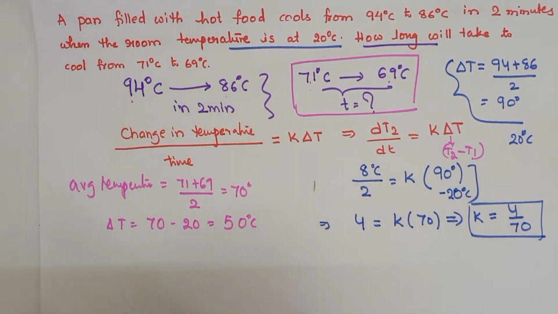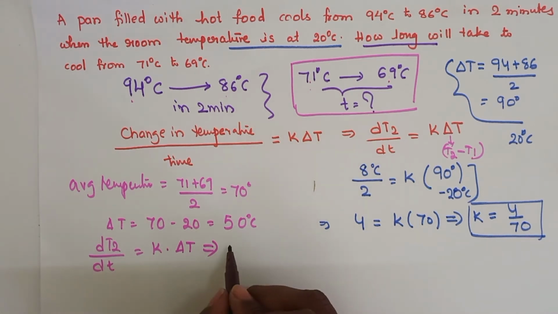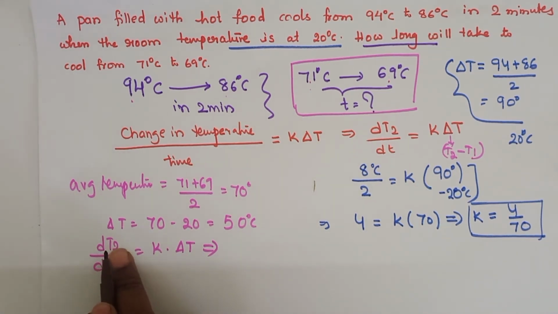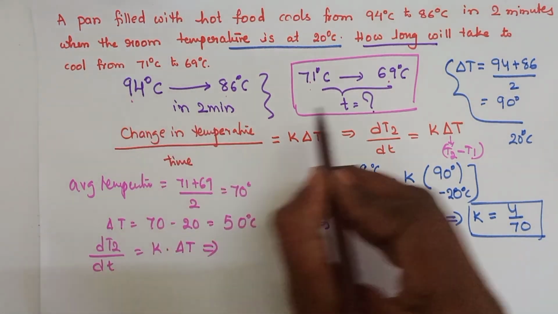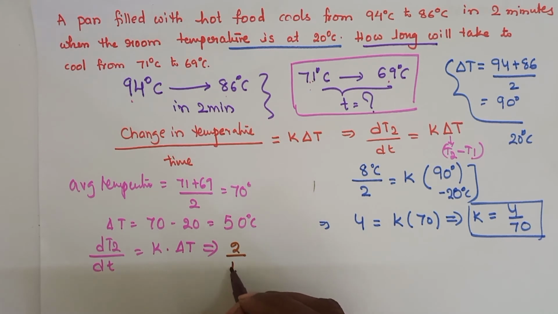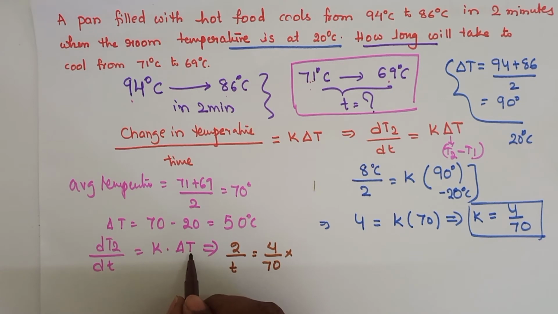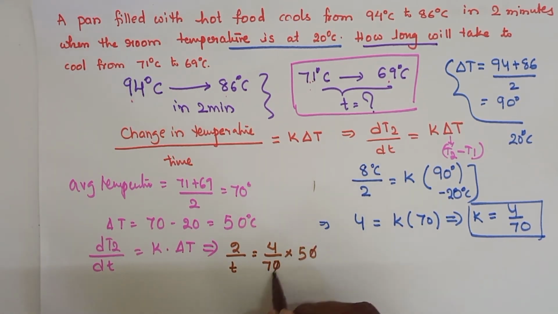Now what is this again? dT by dt is equal to K into delta T. So now we apply it and find out the time t. dT is the difference of temperature, falling from 71 to 69, 2 degrees. We don't know the time, let us assume it is t. K is already found, a constant, 4 by 70, into delta T, which is 50.